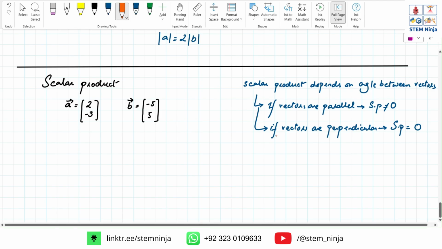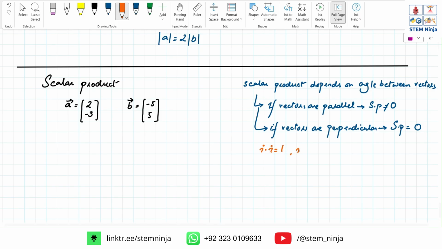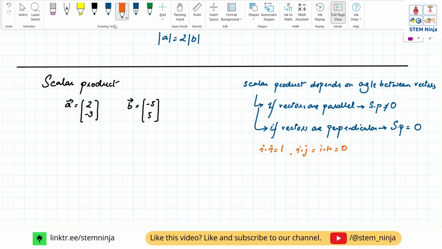Which means that when we expand these to unit vectors, i dot i would be 1, but i dot j or i dot k would be 0, because i is in the same direction, but j and k are perpendicular to i vectors.